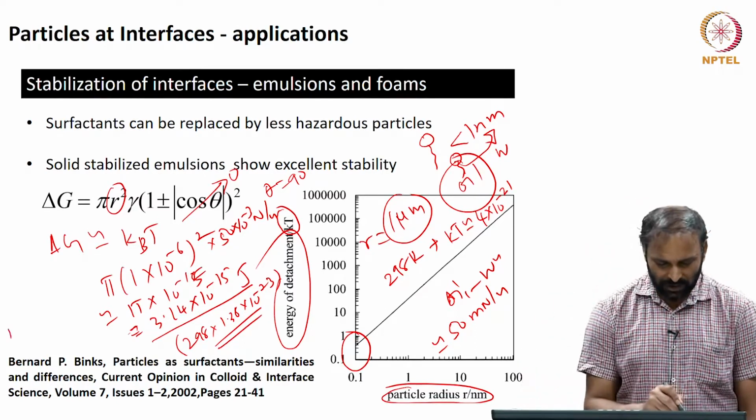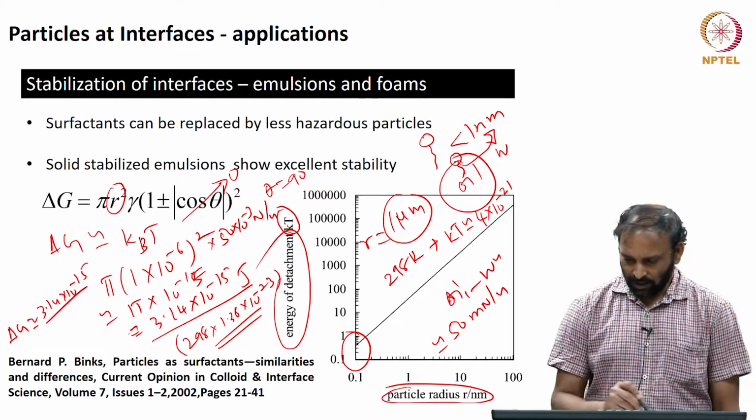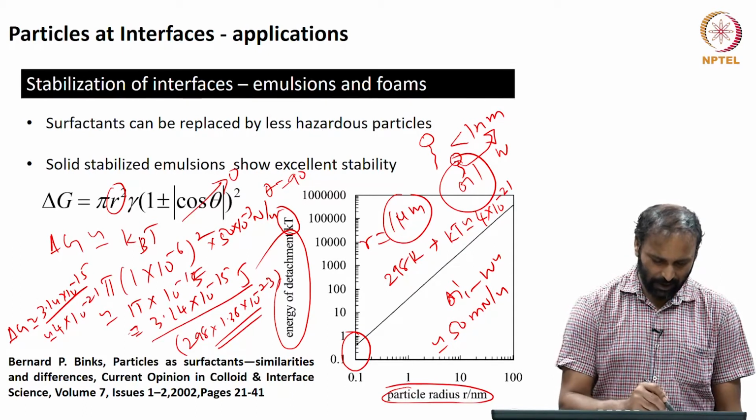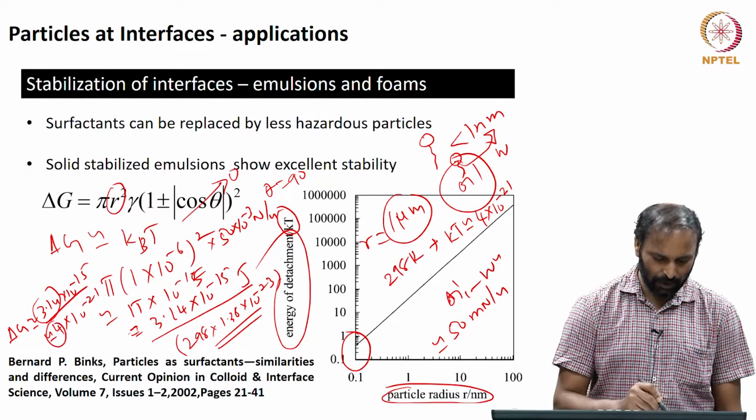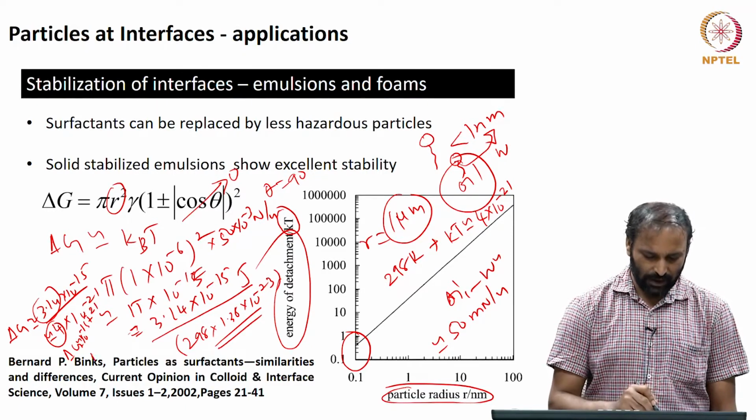So, this delta G becomes of the order of 3.14 into 10 power minus 15 divided by approximately 4 into 10 power minus 21. Of similar magnitude, delta G becomes 10 power minus 15 plus 21, so delta G is of the order of 10 power 6.